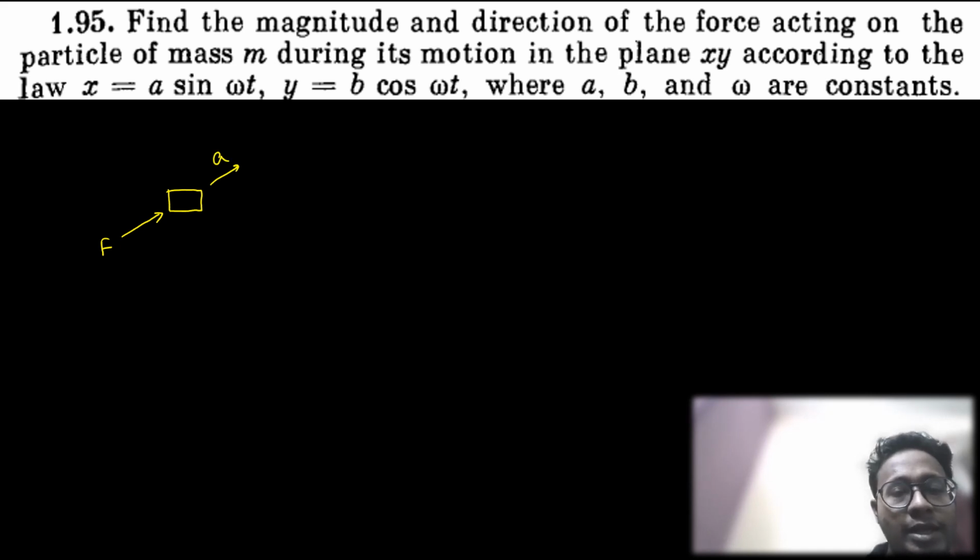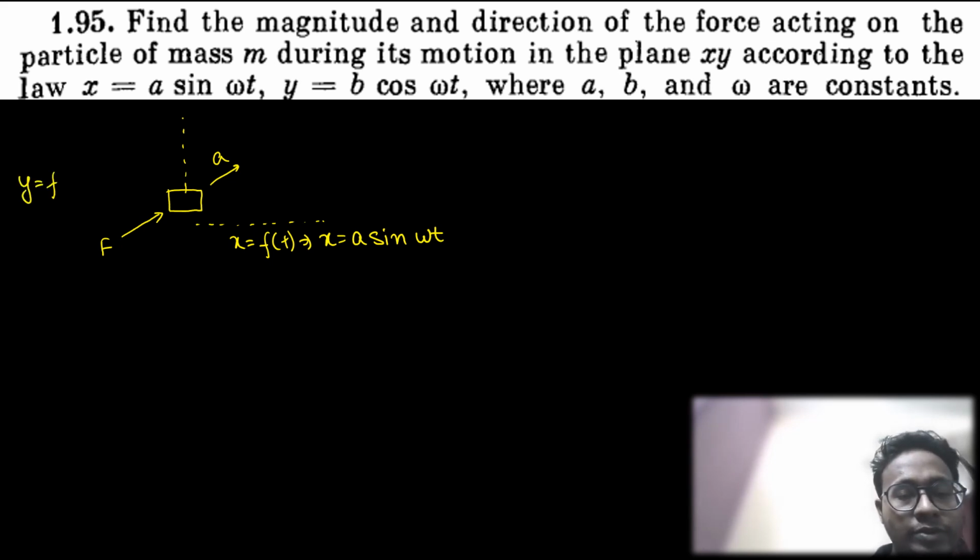Now the x displacement of the particle is given as a function of time, where x is equal to a sine omega t, and the y displacement of the particle is also given as a function of time, y is equal to b cos omega t.